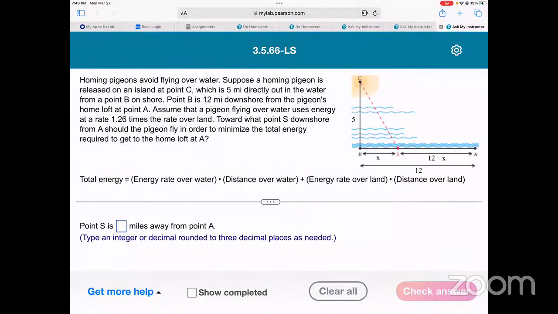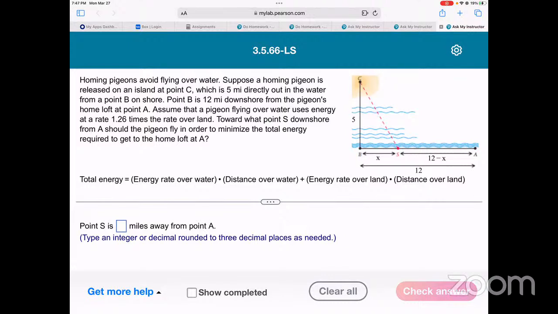So the total energy is going to be the energy rate over water times the distance over water plus the energy rate over land times the distance over land. I would imagine that they use more energy flying over water than over land.